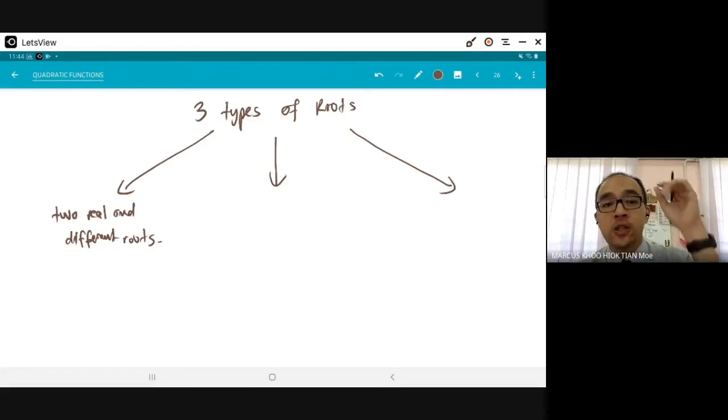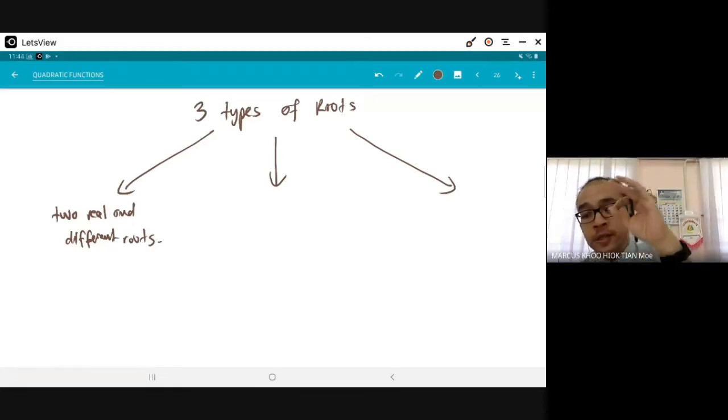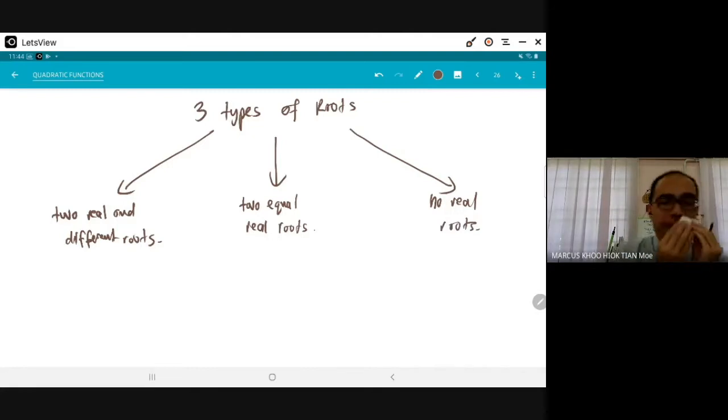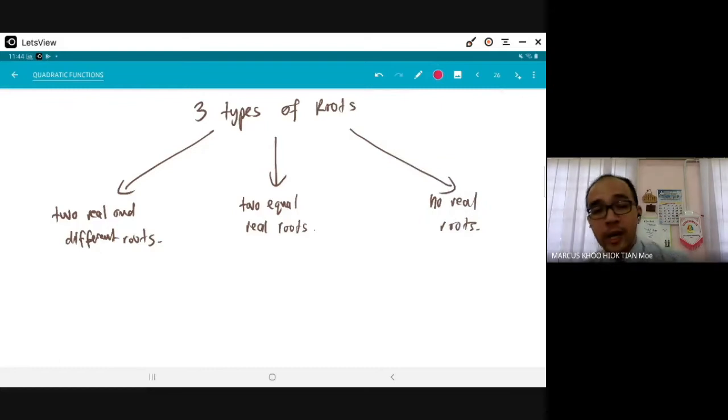First jenis is 2 real and different roots. Okay, second one is 2 equal real roots. Okay, kategori kedua. The third category is no real roots. Okay, sorry, so 2 equal and real roots, 2 real and different roots.